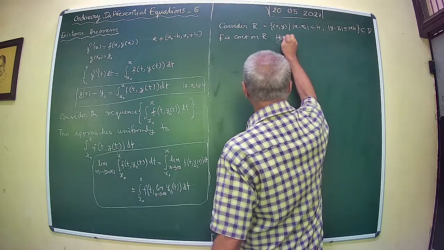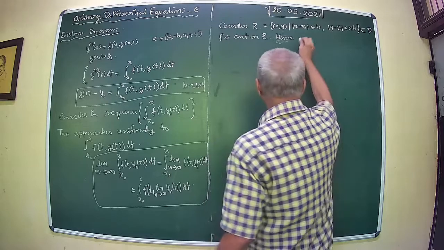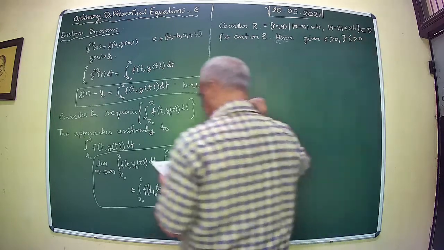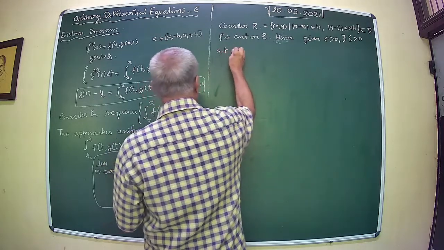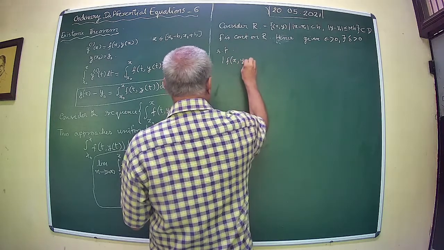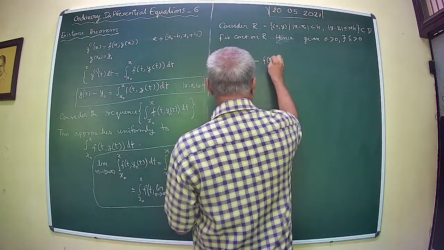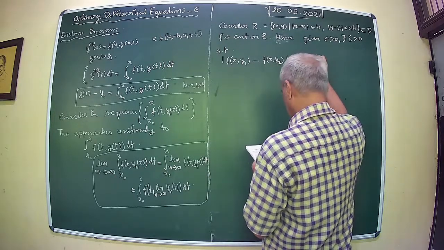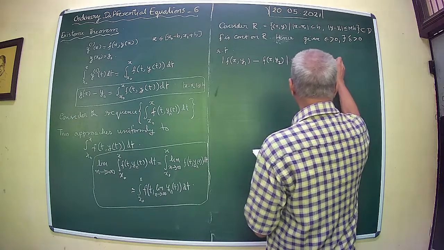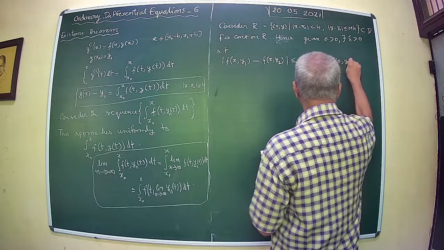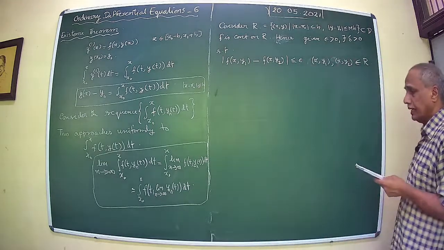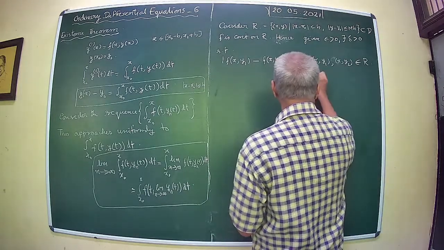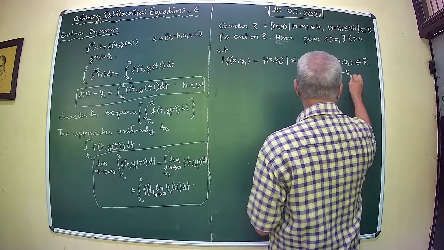So what we want to say is that since f is continuous, hence, given epsilon positive, there exists delta positive such that |f(x, y1) minus f(x, y2)| is less than or equal to epsilon for (x, y1), (x, y2) in that rectangle, and such that |y1 minus y2| is less than or equal to delta.